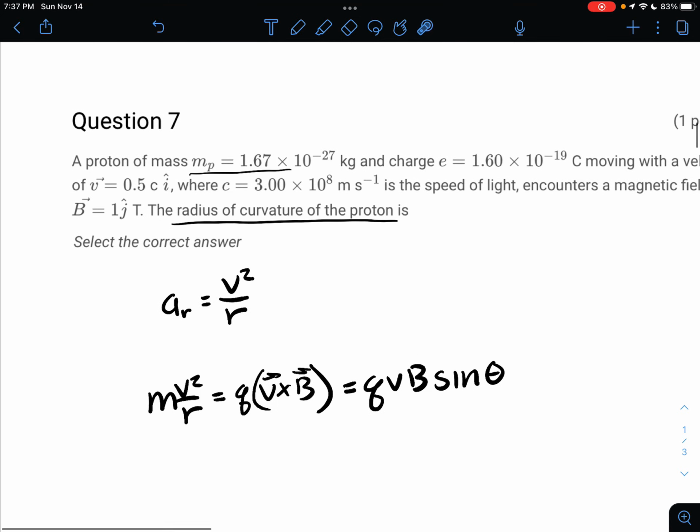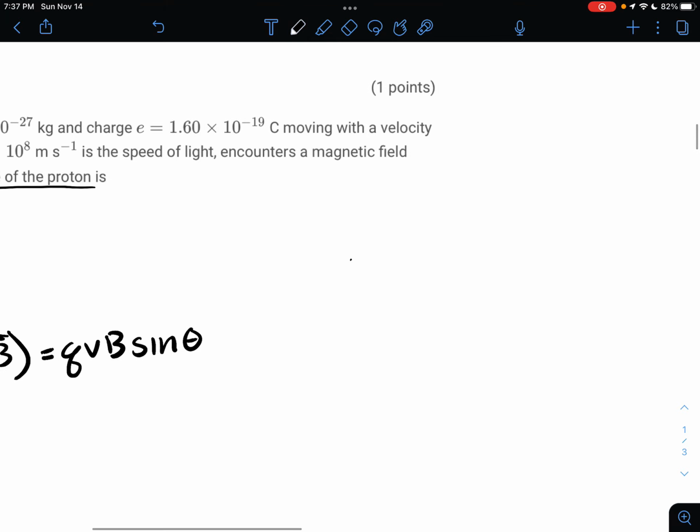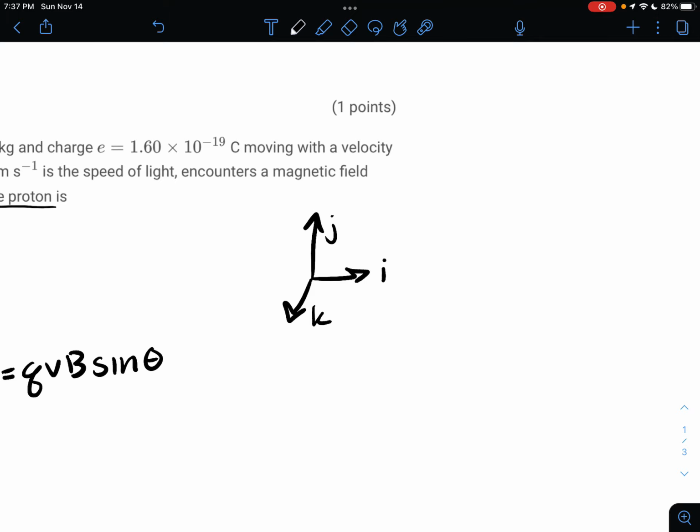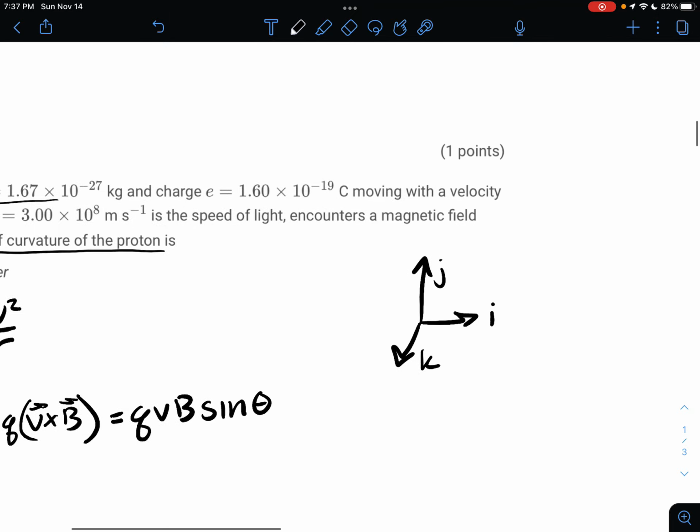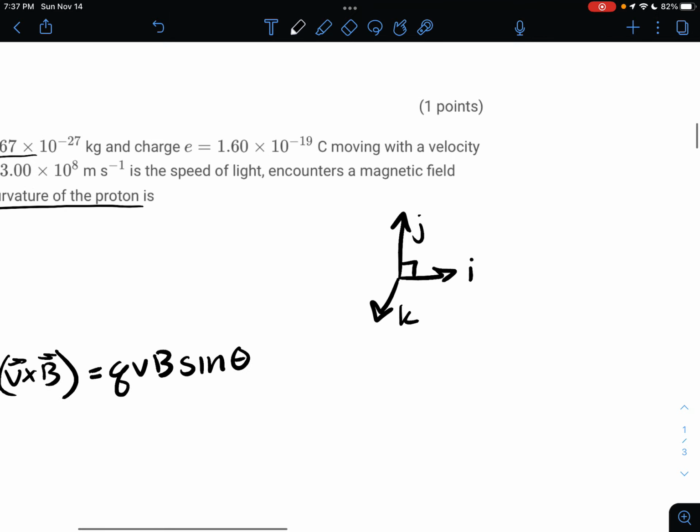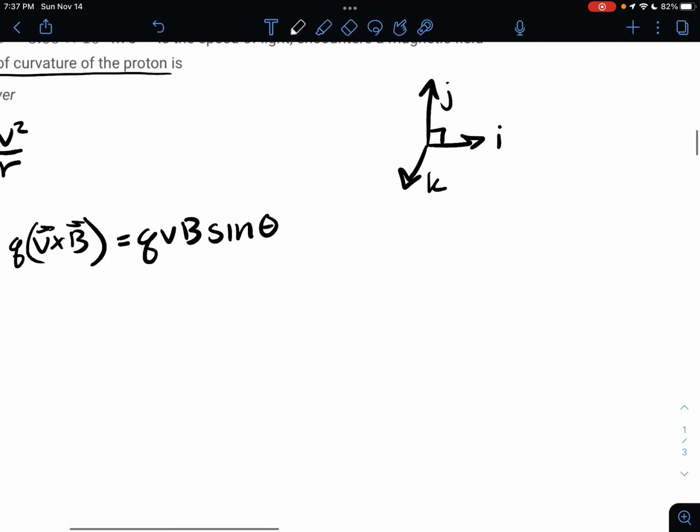Because we have B going in the j hat direction and v going in the i hat direction. By definition, since these are our regular axes, you have i, j, and k. We are looking at i and j. Those are at a 90-degree angle. Sine of 90 is just 1.